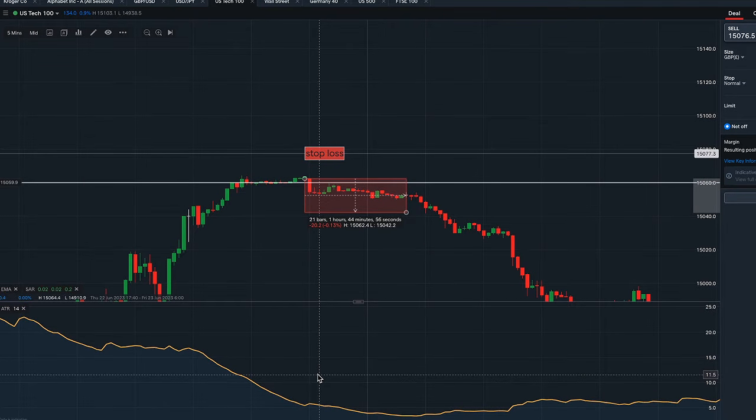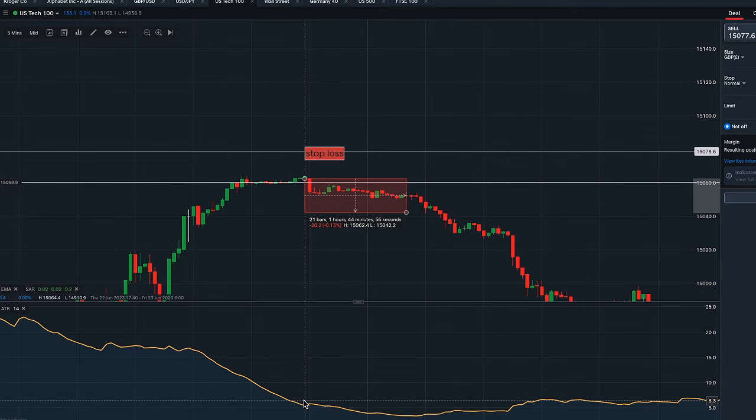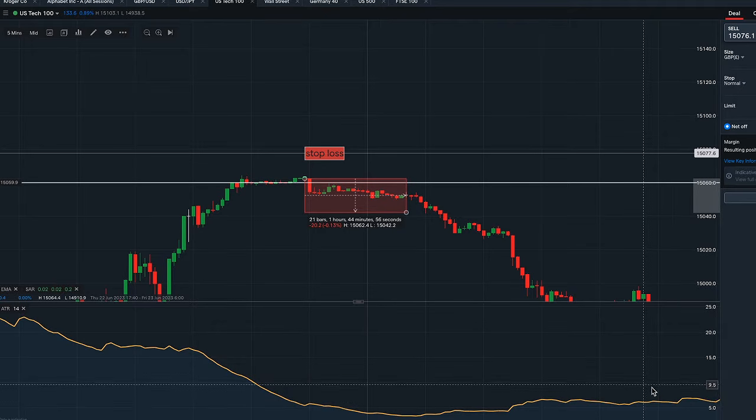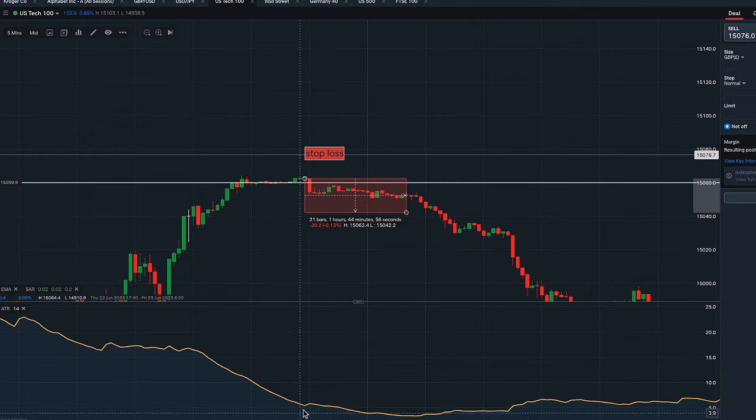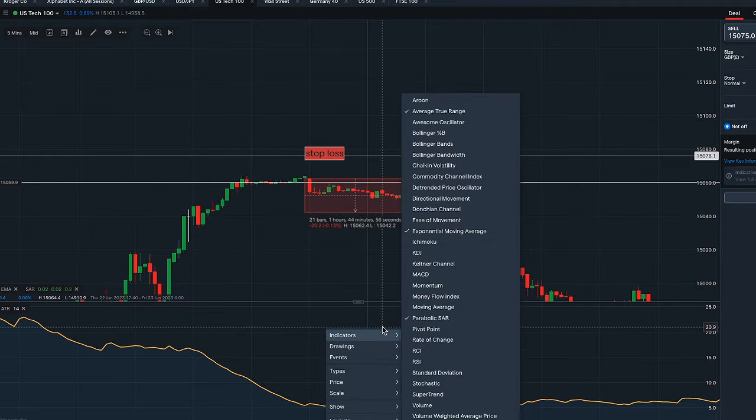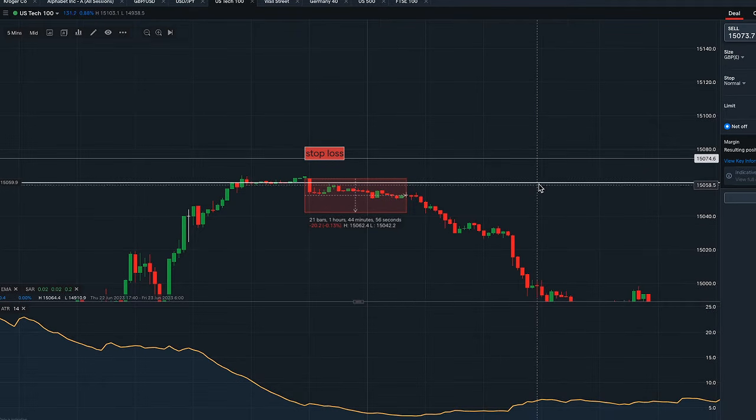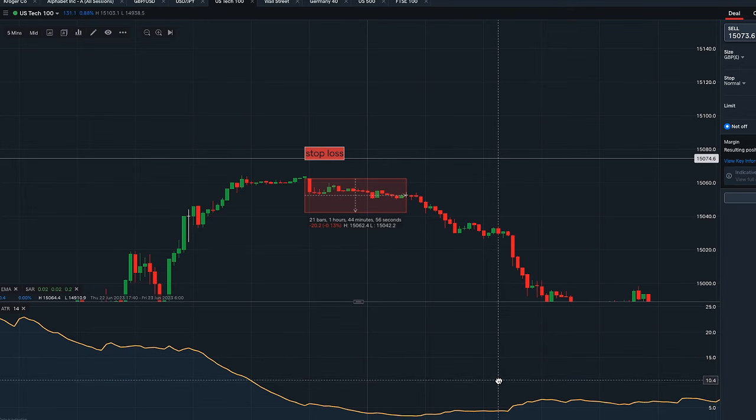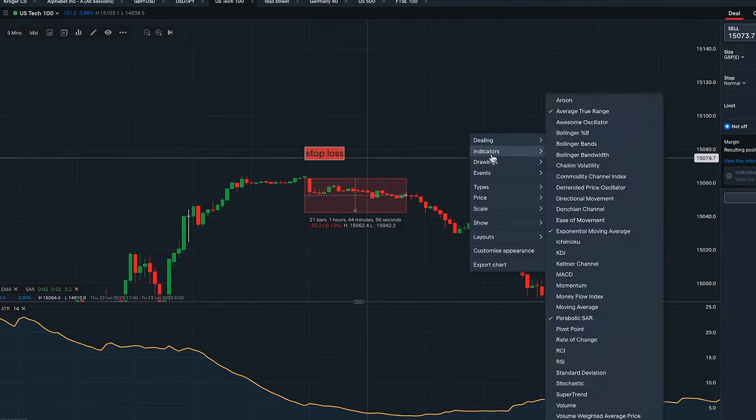And the way you would put your ATR as well is whatever the ATR is giving you. So it's giving you 6 in this area, as you can see. Let me mark this out for a minute.